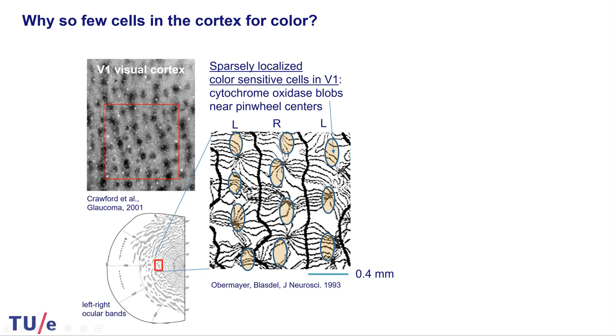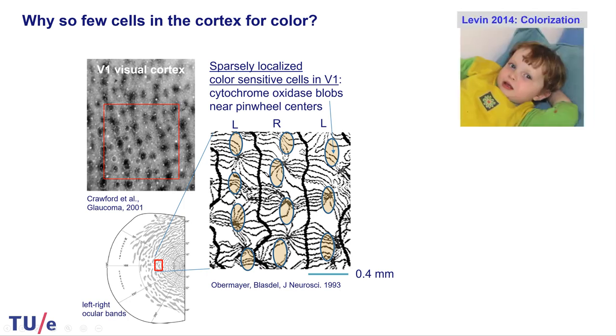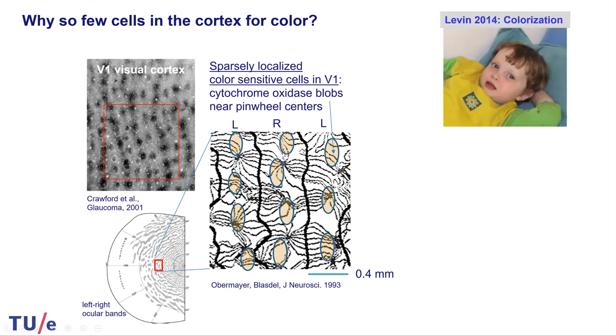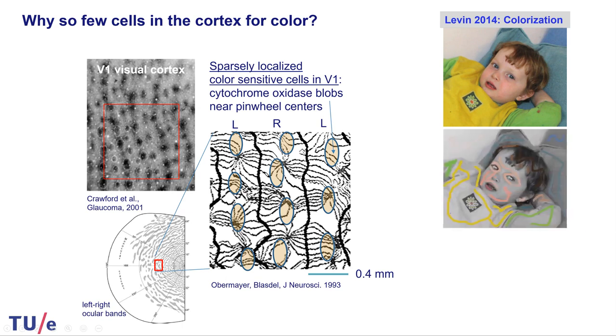There's a nice development by Levin, and he looked at colorization. He took a color image, and he said, okay, let's make it black and white, and I only color, for example, in the face, a few stripes with the pink color of the face, and here with the yellow of this shirt, and the green of his arm.